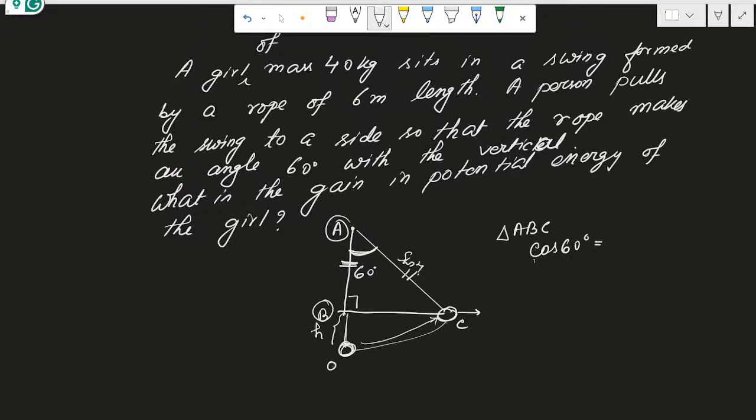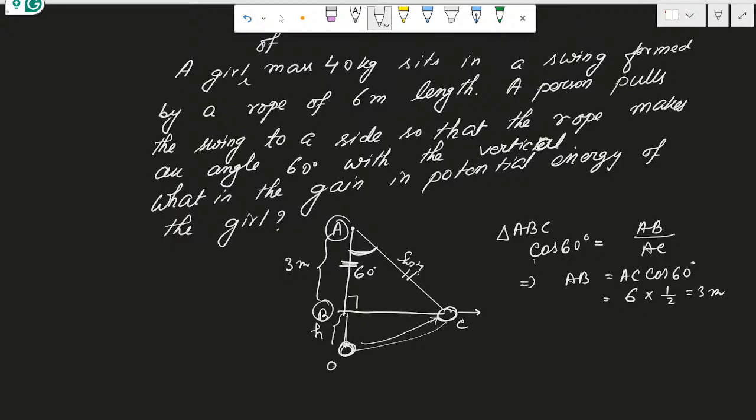So cos 60 is equal to AB by AC. AC you know, so AB is equal to AC cos 60. AC is 6, and cos 60 is half, so AB is 3 meters.